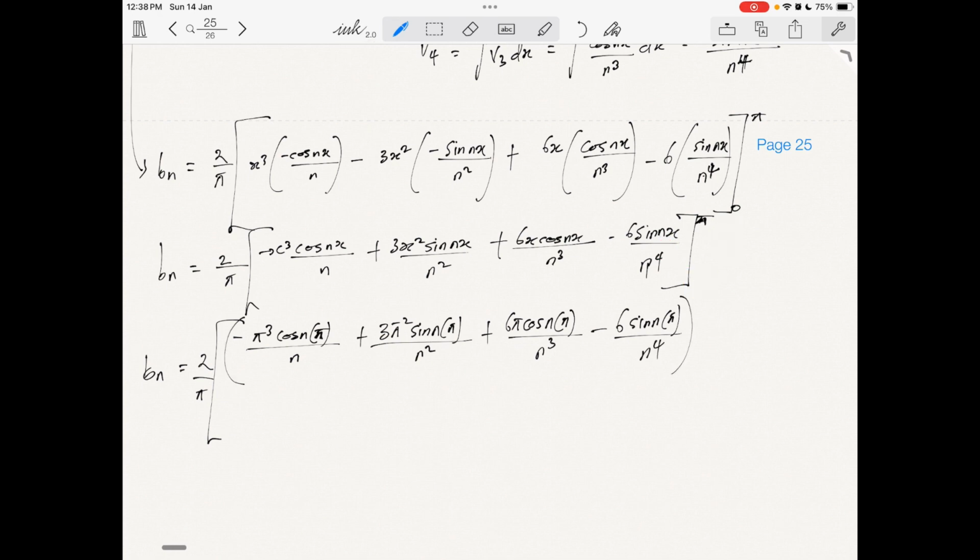Then we add our lower limit of 0 into this function as we've done for pi.